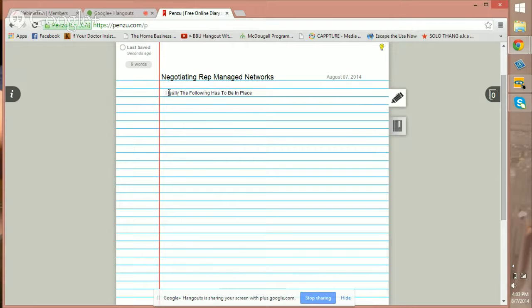Ideally, the flow has to be in place. So what are these things? Remember, this is the negotiating part.